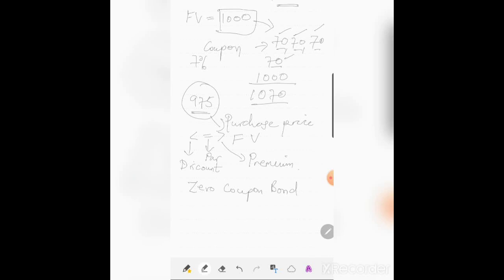Okay, so there is only one cash outflow and one cash inflow on the maturity date. No intermediate cash flows at all. So it is as good as a loan where the principal along with the included interest is paid at the maturity date.